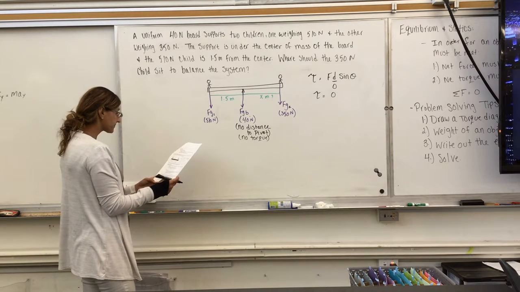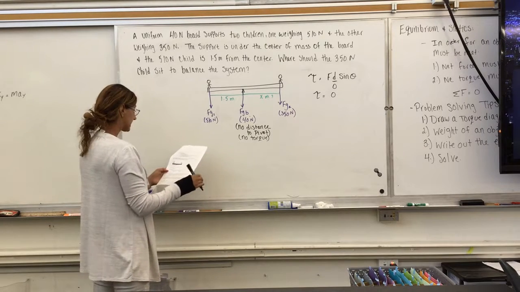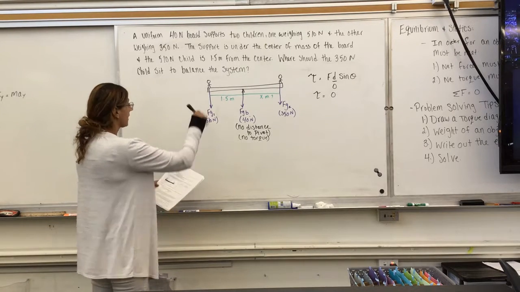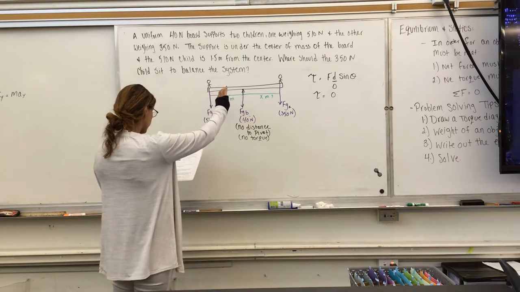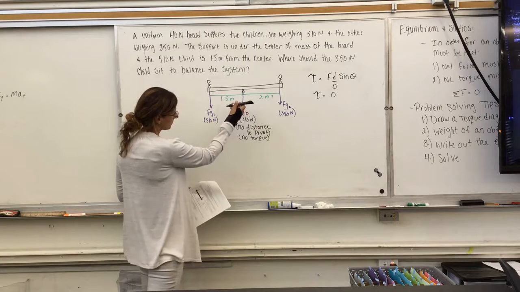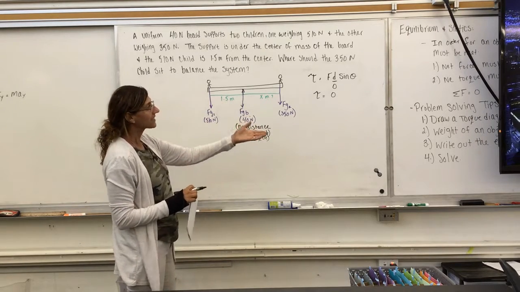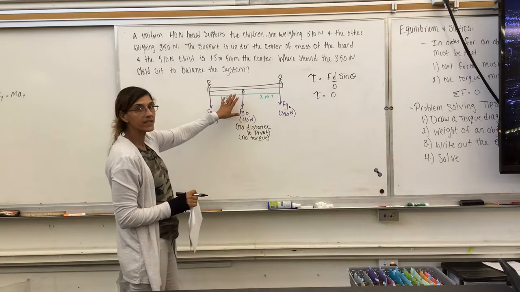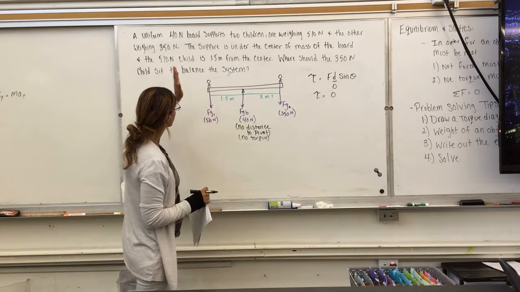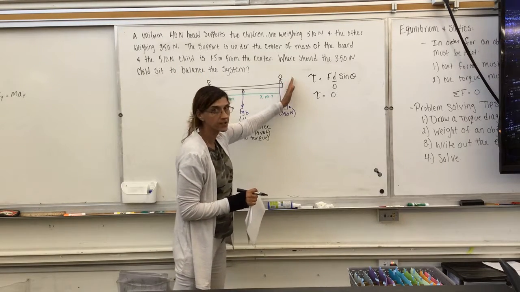All right, so we have two torques. And remember that if the torque is rotating counterclockwise, it's going to be positive, and if the torque is rotating clockwise, it's going to be negative. But we're going to go back to this net torque idea and say, okay, if this board is not moving, then the torque that's exerted by this child has to equal the torque that's exerted by this child.